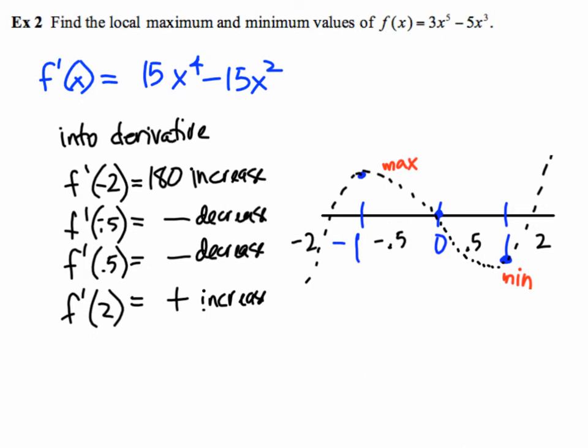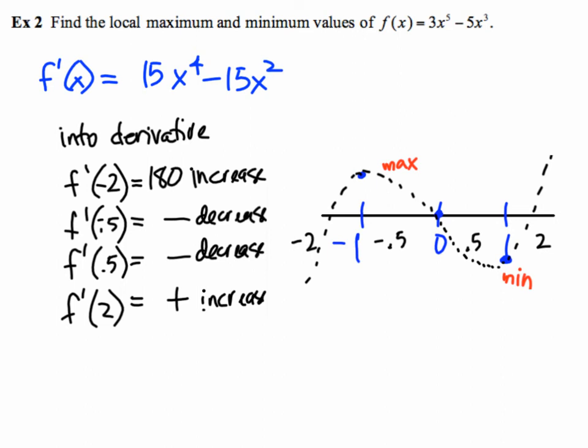When I plug -0.5 into the derivative, I get a negative value. So the graph decreases to my critical value of 0. Then I plug 0.5 into the derivative, and it's still a negative value.